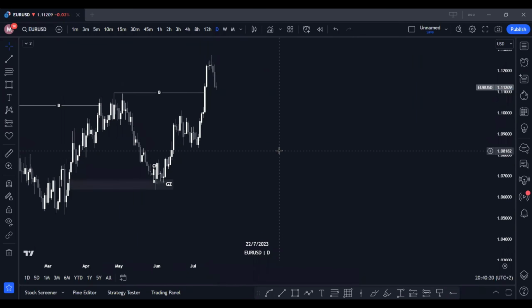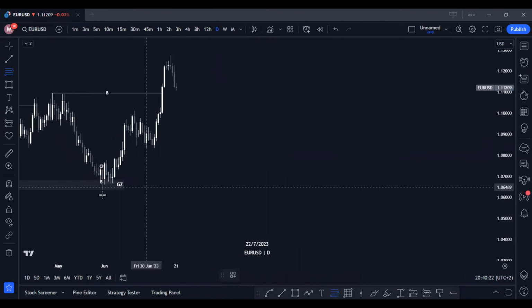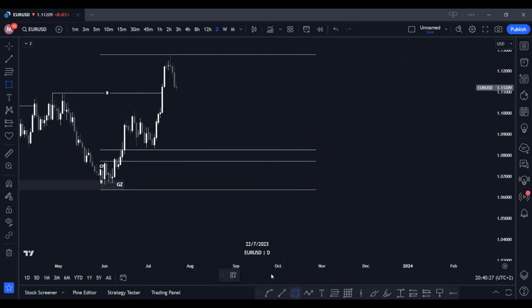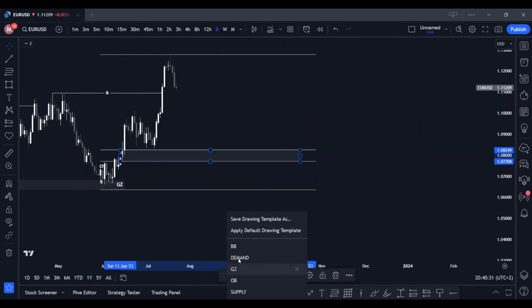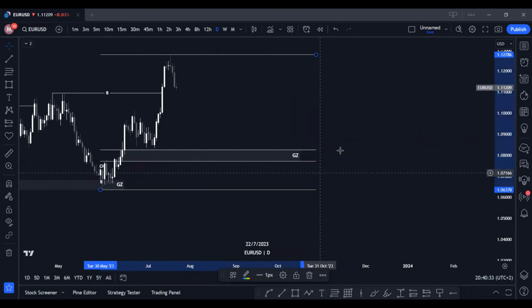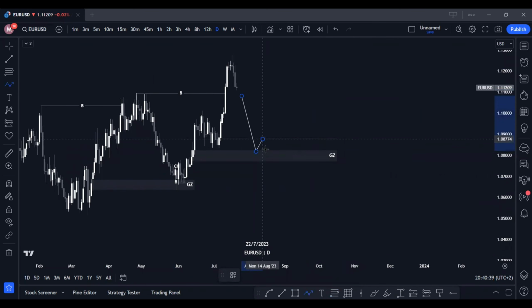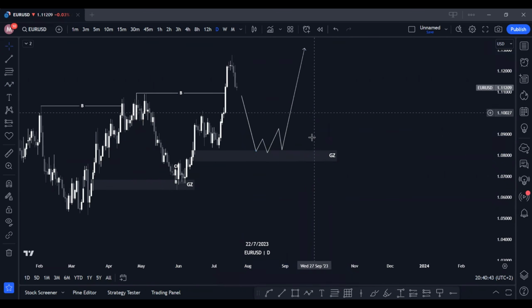Now we're going to look to take our entries off our golden zone entry here, and immediately when price taps us in, we're going to look for our change of character so that we can take our confirmation entries from.